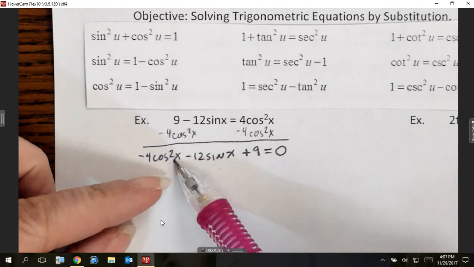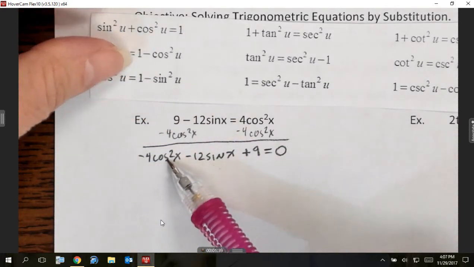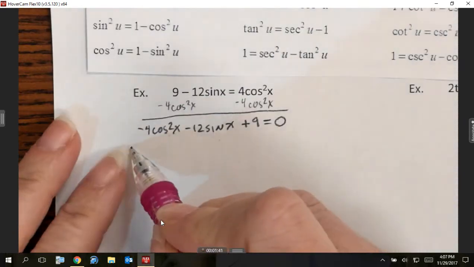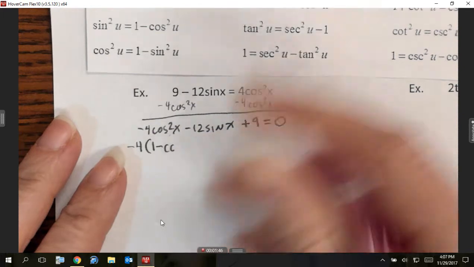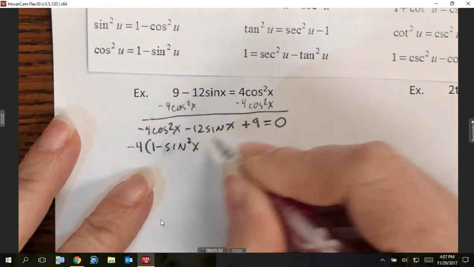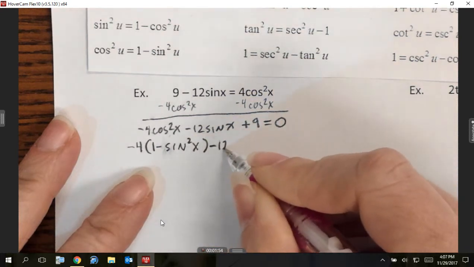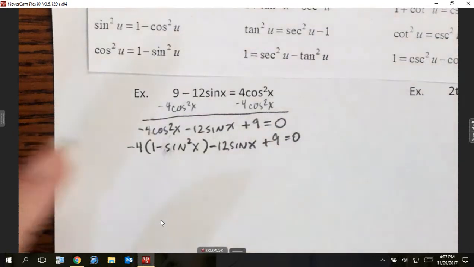Since cosine squared is equal to 1 minus sine squared, I'm going to switch that one out. I'm going to make it -4 times (1 minus sine squared), and then I still have minus 12 sine x plus 9 equals 0.